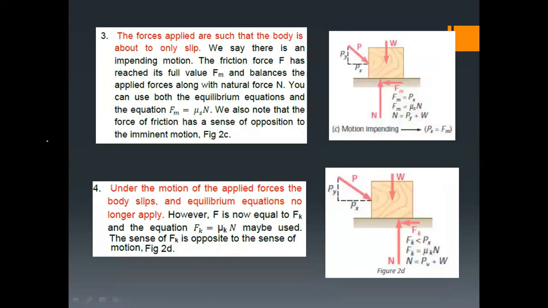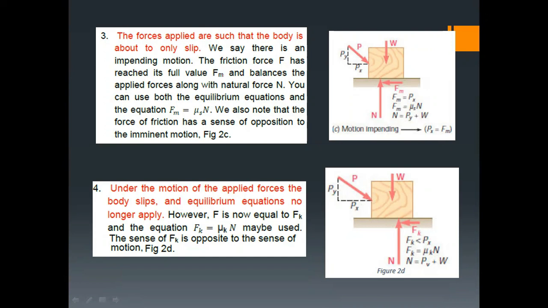And then, next situation natin is the forces applied are such the body is about to only slip. So, konting movement lang meron, no? So, we say there is an impending motion. So, the friction force F has reached its full value and balances the applied forces along with normal force.